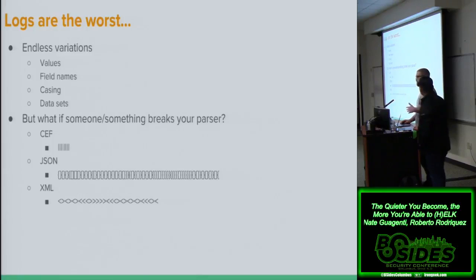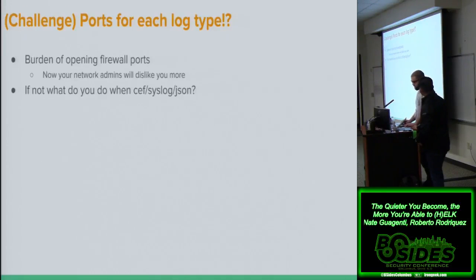A lot of people will just drop logs that are parsed incorrectly, which is the wrong thing to do, A, if your parser is wrong, and B, from a malicious standpoint. Somebody is just breaking your parsers, and then the logs go nowhere. You also have the challenge of how to differentiate between, say, a Bro log, a Windows log, a Windows DNS log, a Palo Alto firewall log, and a Cisco ASA firewall log.